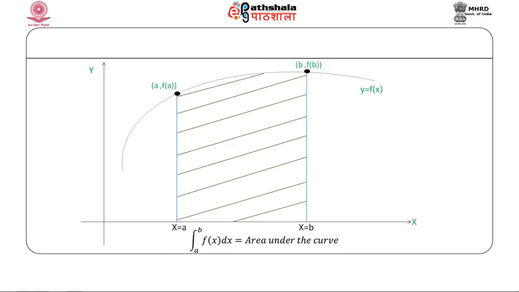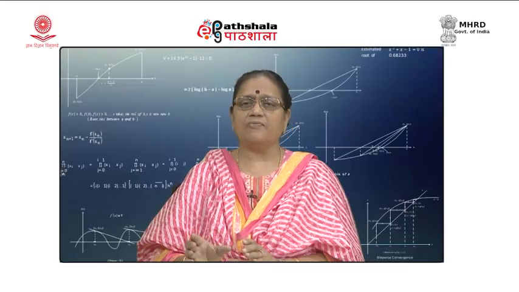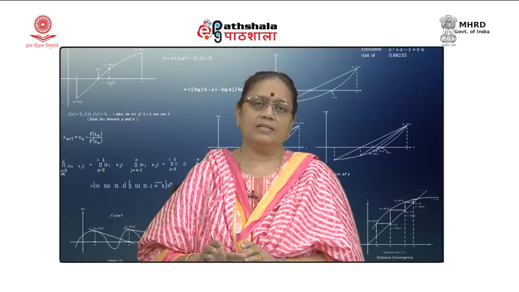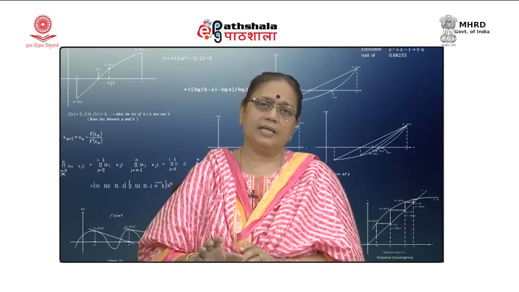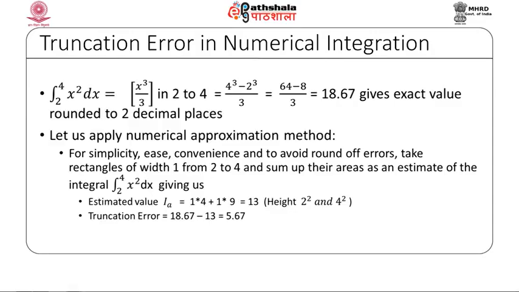As such, the number of rectangles should be infinite, but we cannot take infinitely small width, we have to take finite width rectangles. So, we have converted the infinite process, with an infinite number of rectangles, to a finite number of rectangles, and due to this conversion, the error which comes in is an example of the truncation error in the evaluation of numerical integration.